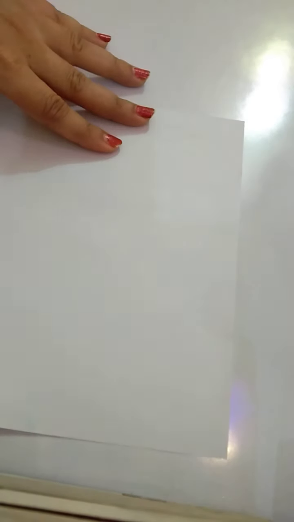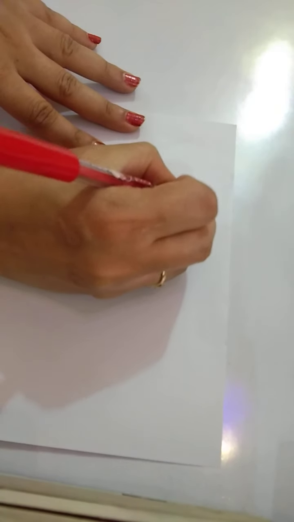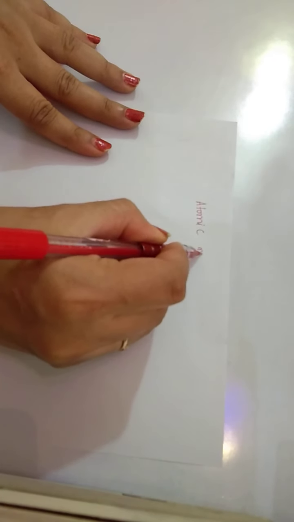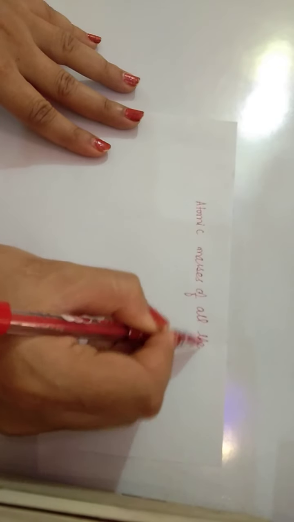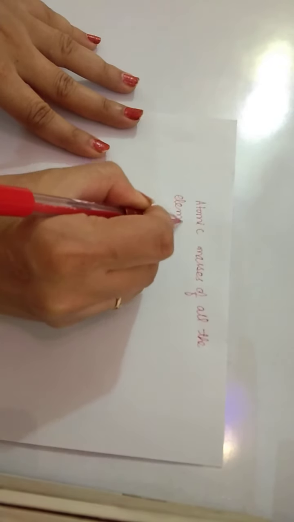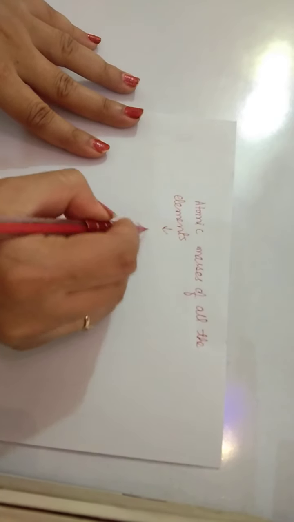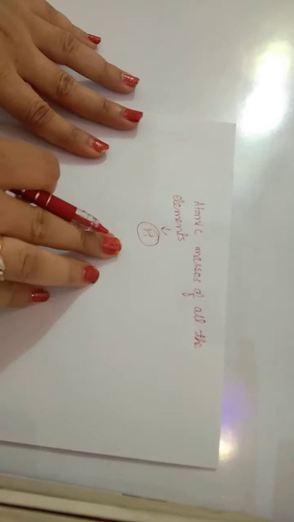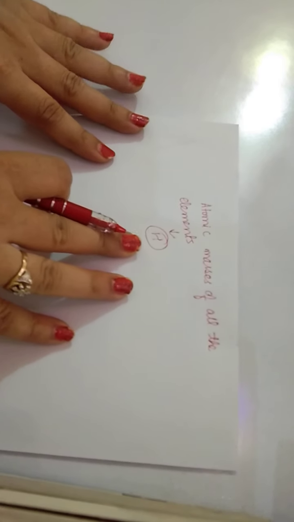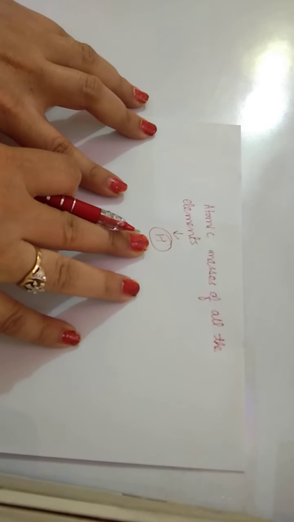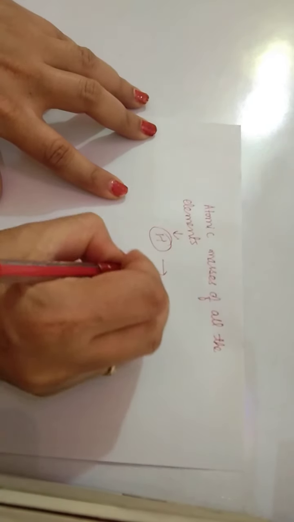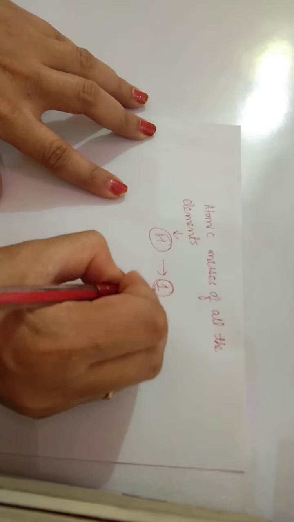So in the beginning, the atomic masses of all the elements were obtained by comparing with hydrogen, and the mass of hydrogen taken was 1.